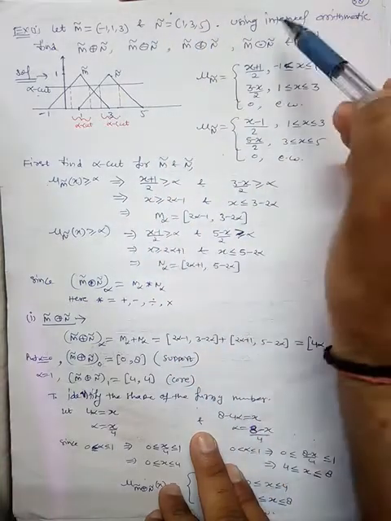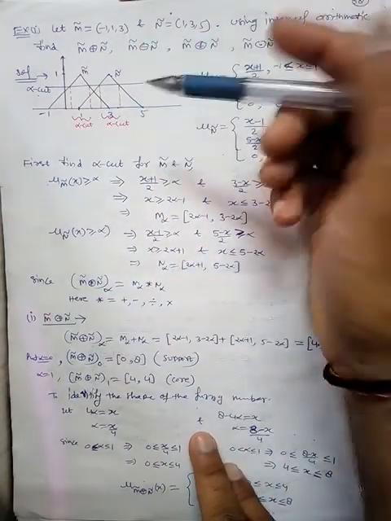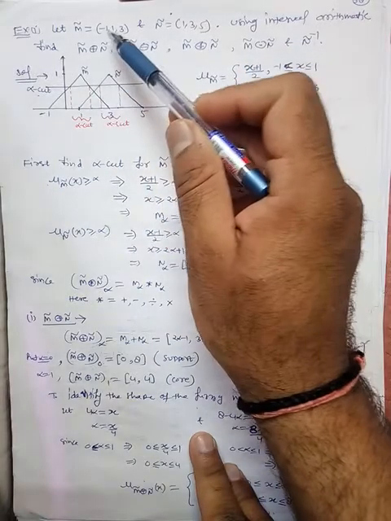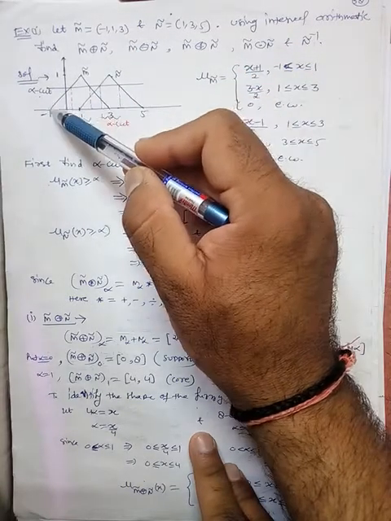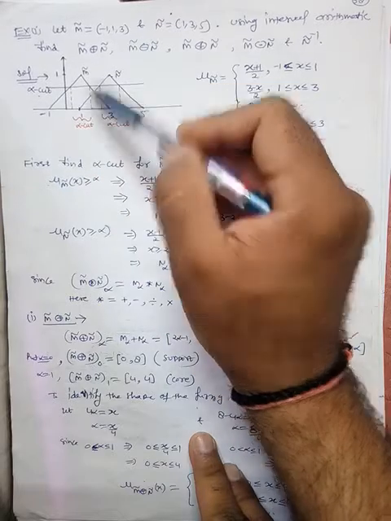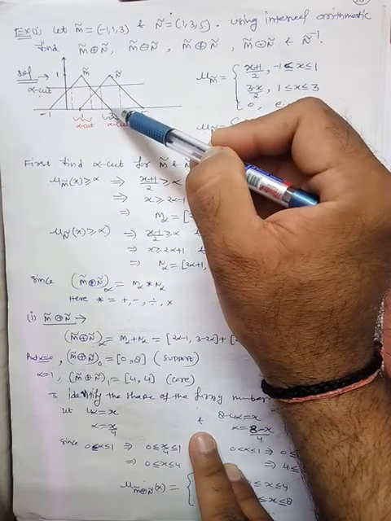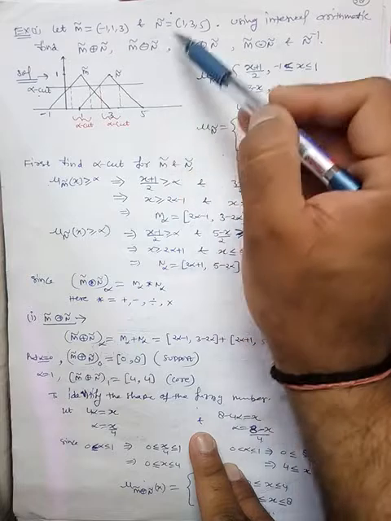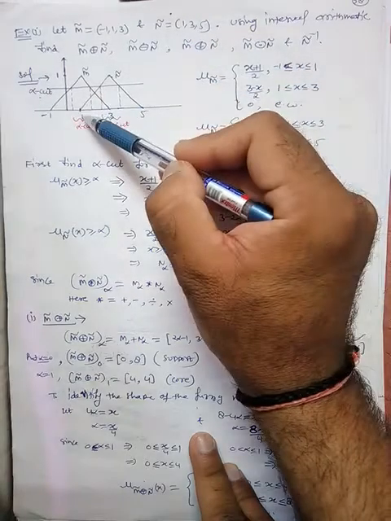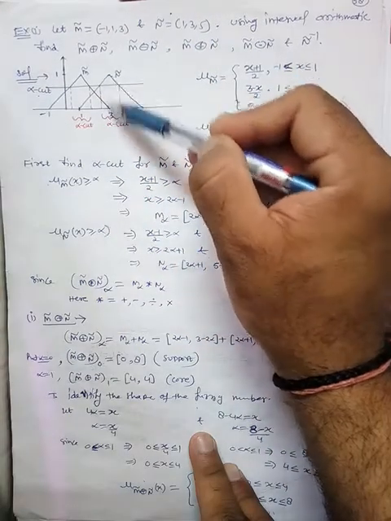We will use interval arithmetic operations and we will get the same result. Graphically, this is M, with minus 1 here, the modal value 1 here, and 3 is the right hand part. Similarly N is (1, 3, 5), and the modal value is at 3.